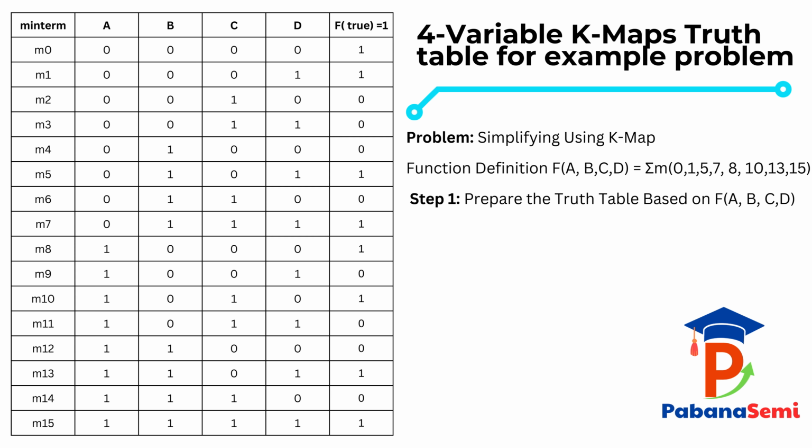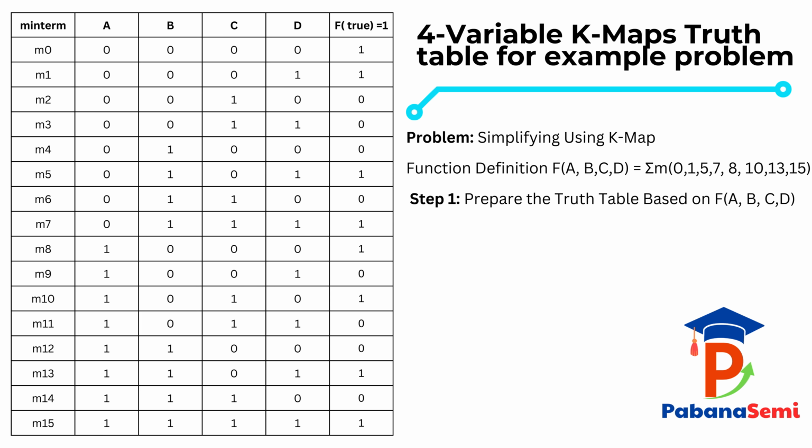Step 1. Prepare the truth table. Since we have 4 variables, a, b, c, and d, the total number of possible input combinations is 2 to the 4th equals 16. So the minterms range from M0 to M15. Assigning output values. Now, we fill the output column F based on the given minterms.